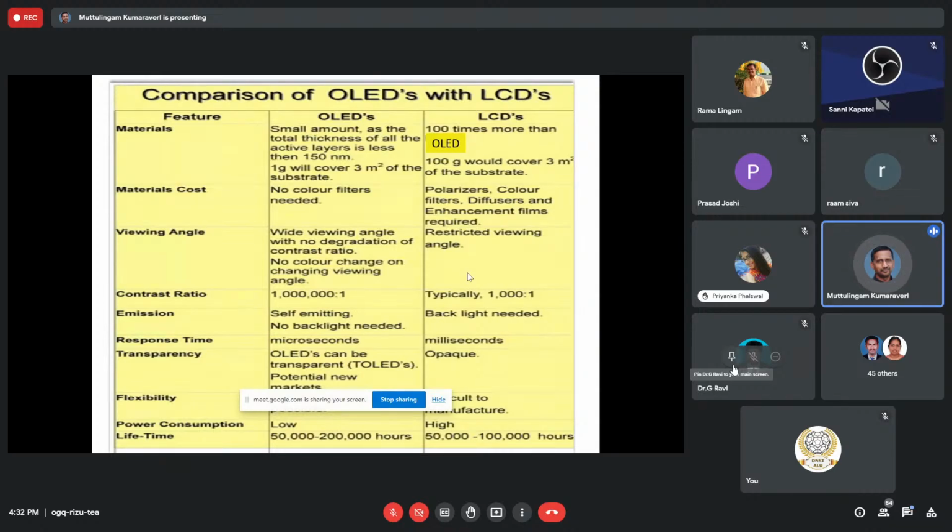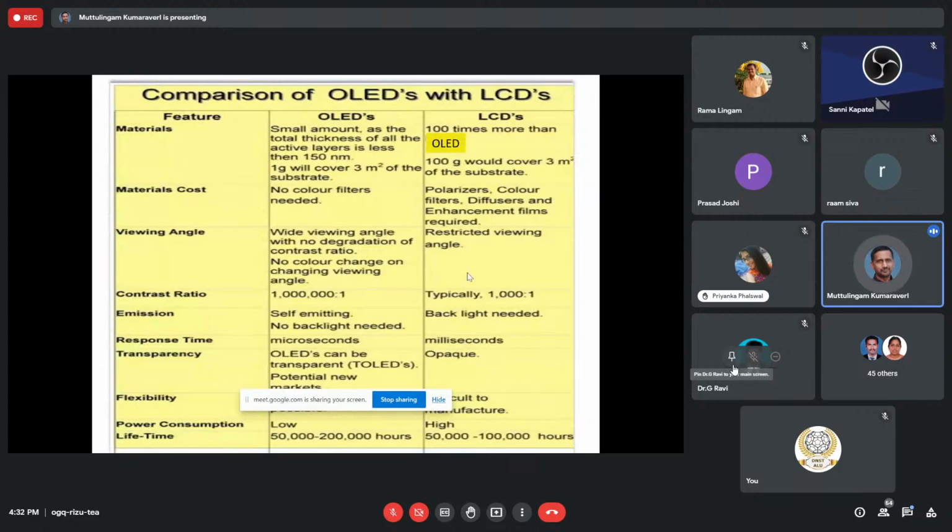The material cost is lower because we don't need any color filter for OLEDs, but for LCD we do. There are a few more frames to be used, like polarizers, color filters, diffusers, and enhancement films, to make this LCD display.